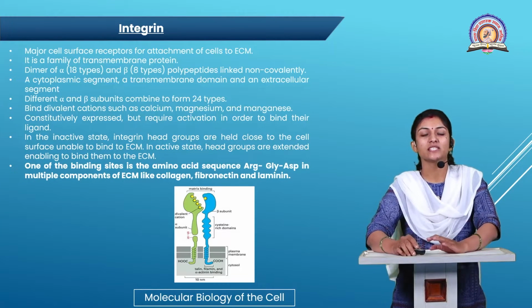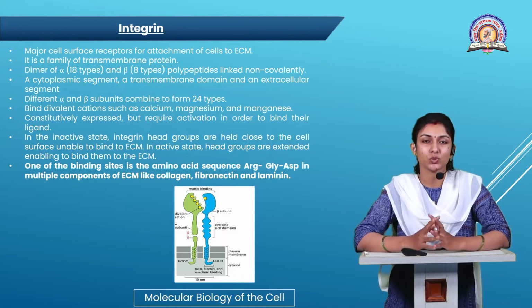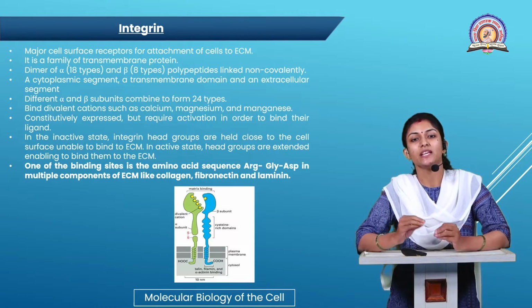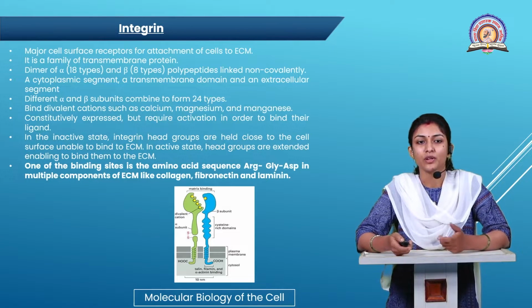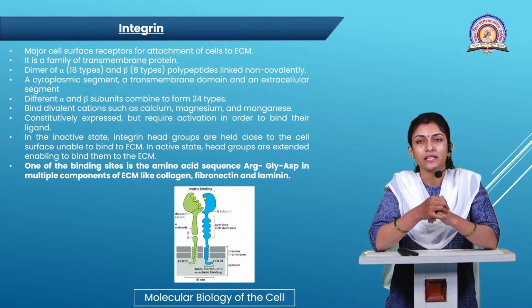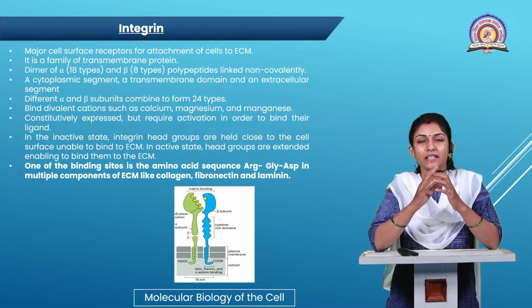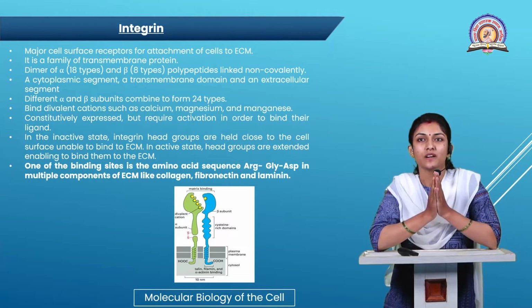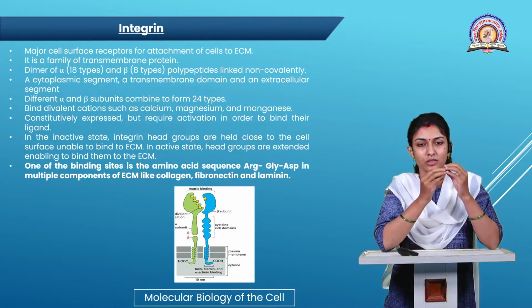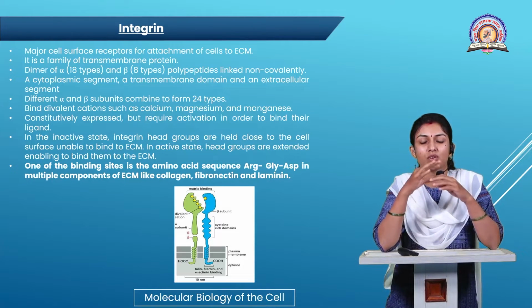Integrins are a major cell surface receptor protein which attaches the cell to the ECM. They pass signals and are generally involved in anchoring junctions. They are a family of transmembrane proteins, and integrins are formed by two subunits, alpha and beta. Alpha is formed by 18 types of polypeptide chain, while beta has 8, bound non-covalently.